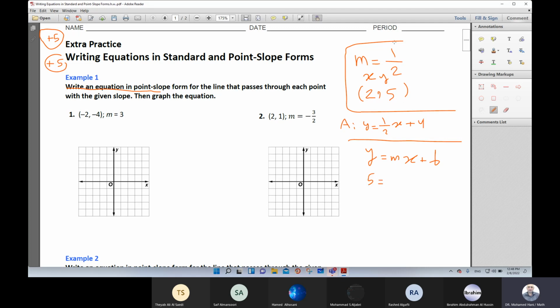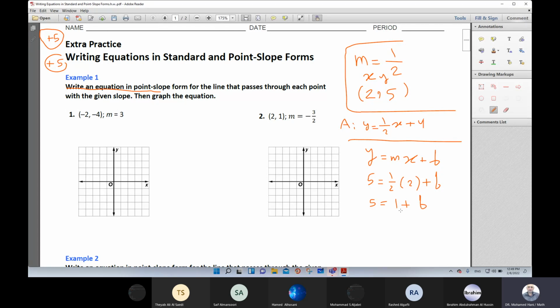Equal m will be 1/2 times x means 2 plus b. Okay, so 5 equal 2 times 1 over 2 will be 1 plus b.